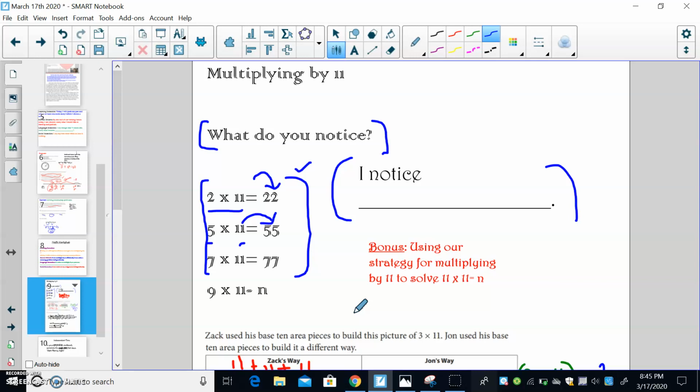But I also want to show you that you can use the strategy for multiplying by 11 and just adding another group of. So we're going to try that with 11 times 11. I want you guys to write it out with me. Whatever I'm writing, you can write with me as well. So 11 times 11.